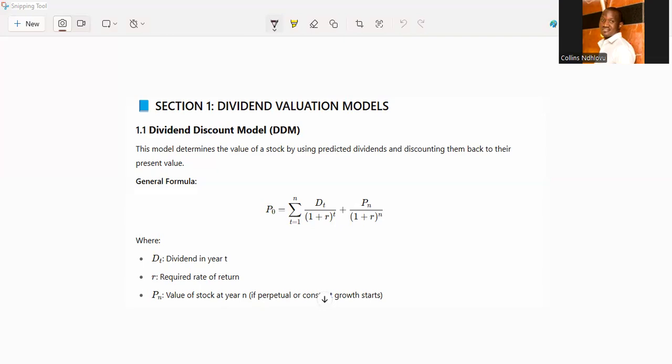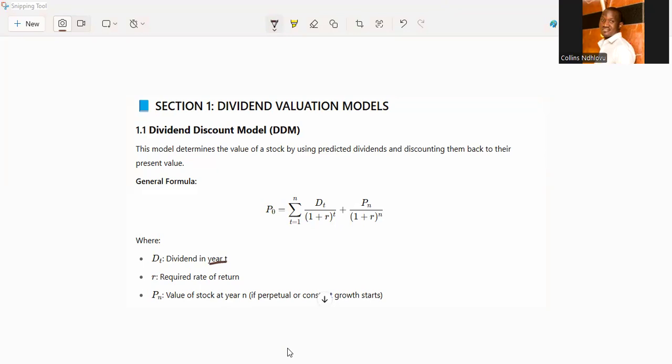So the formula you're seeing there is showing us a DDM model, where P0 is our intrinsic value of stock now. Dt stands for the dividend in year t, 1 plus r, where r is the required rate of return, plus Pn, that is the value of stock in year n, the expected stock price at year n.